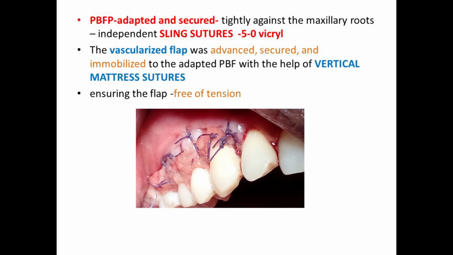The pedicle buccal fat pad is adapted and secured tightly against the maxillary roots with an independent sling suture with 5-0 vicryl, and the vascularized flap was advanced, secured and immobilized over the adapted pedicle buccal fat with vertical mattress sutures, ensuring the flap is free of tension.